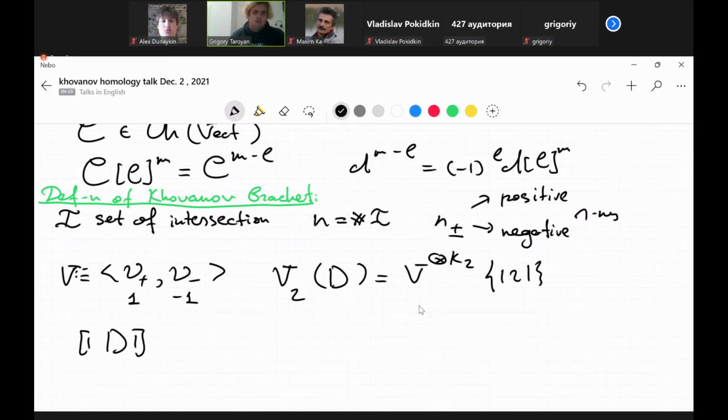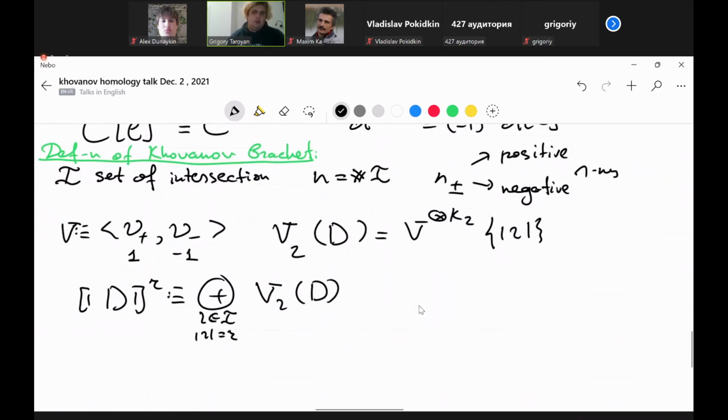Now, the Khovanov bracket in degree r is the following graded vector space. So we take all iota with height r, and we take the sum over all such iotas of V_iota.